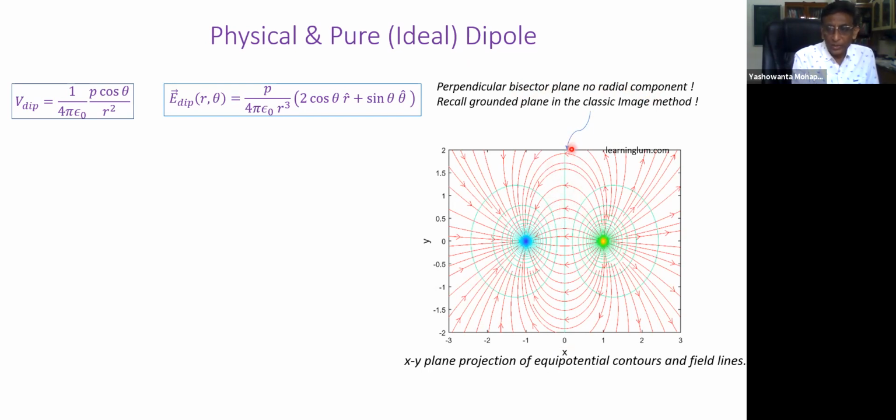Hence, in this plane, if you move a charge radially, you pay no cost because V is equal to 0. So you can bring it from infinity even, and wherever you want to place the charge, or another dipole, you pay no cost in energy if you travel along this plane.